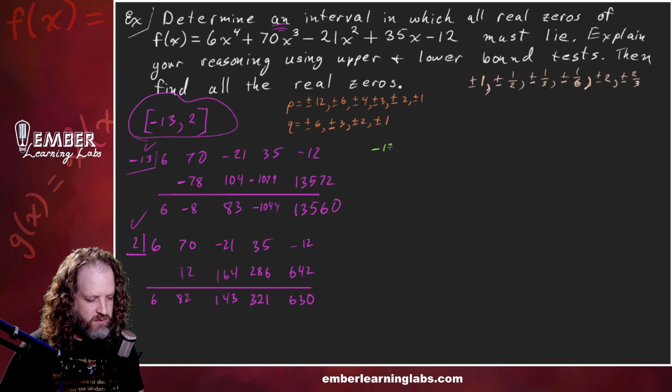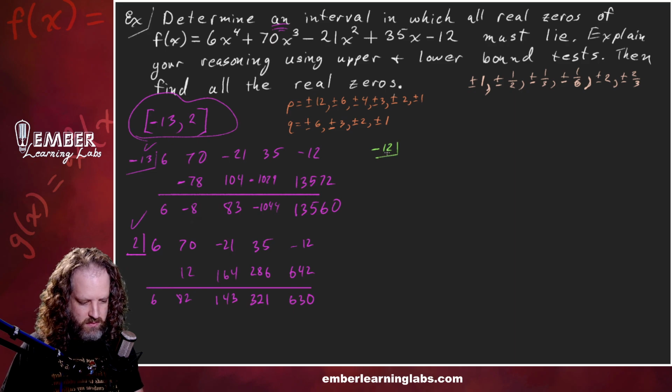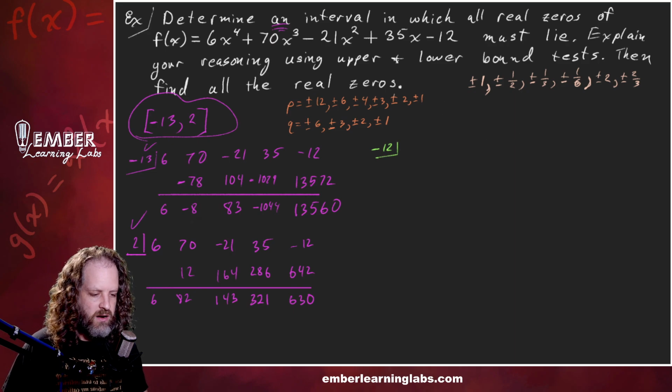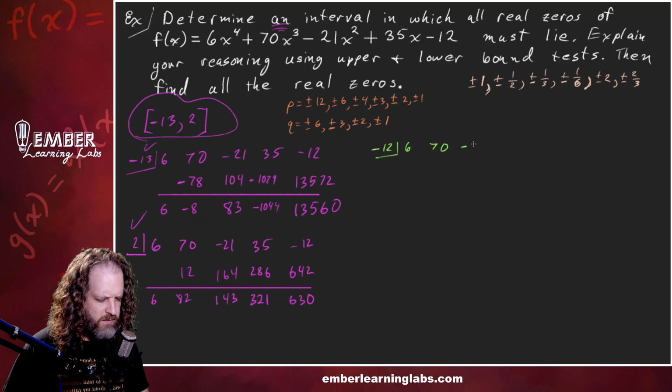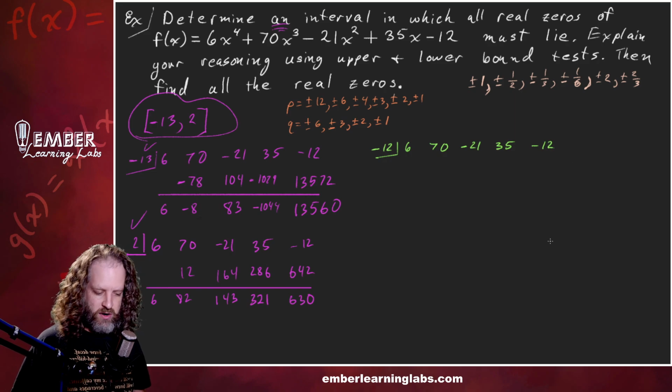So negative 12. Plug in our coefficients. 6, 70, negative 21, 35, and negative 12. So if we're real lucky, this will work.